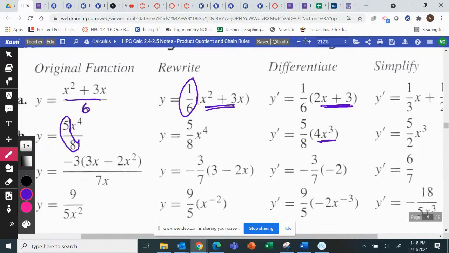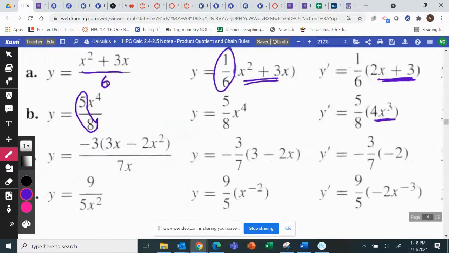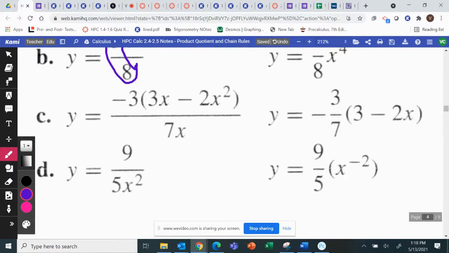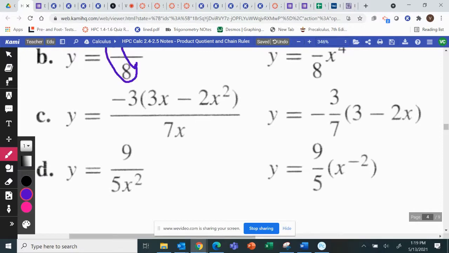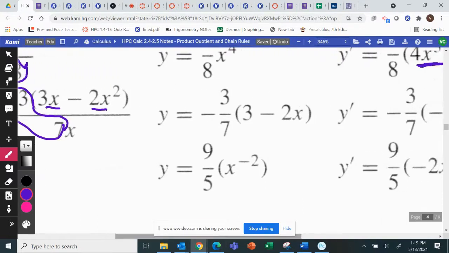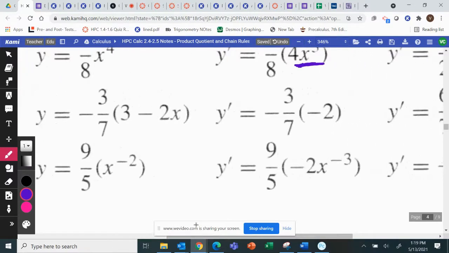Question C is a place where you might see the x down there and think, oh my gosh, I'm going to have to use the quotient rule. But they have manipulated it so they didn't have to. If you look at what they did, they pulled out -3/7, and then both of these, they just divided the x out completely. And when they did that, then they've got a number multiplied by a polynomial. We can take the derivative of each part of that polynomial, and that's done.